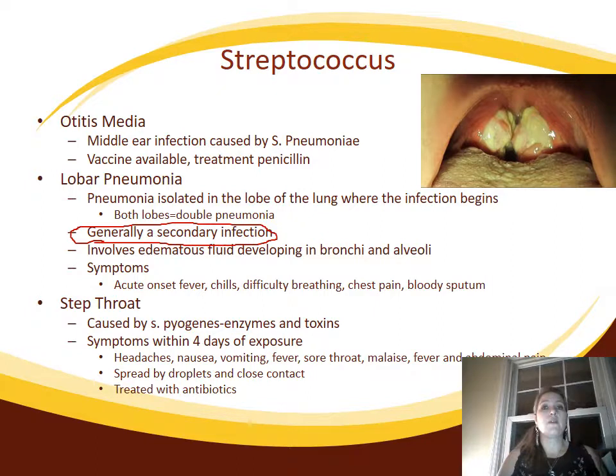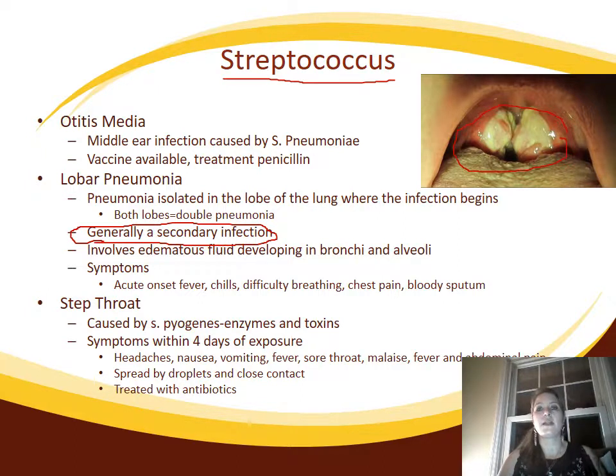Strep throat is one of the most common infections associated with the Streptococcus strain. And it is caused by Streptococcus pyogenes, and it produces both enzymes and toxins. So usually about 4 days after exposure, you start to see symptoms, and it comes in phases.